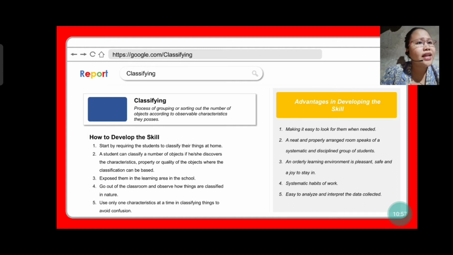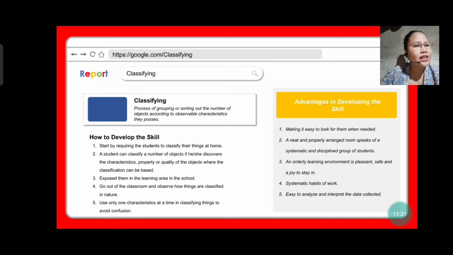First, it makes it easy to look for things when needed, of course. Second, a neat and properly arranged room speaks for a systematic and disciplined group of students. Since they know how to classify, they can now clean and make the classroom neat.